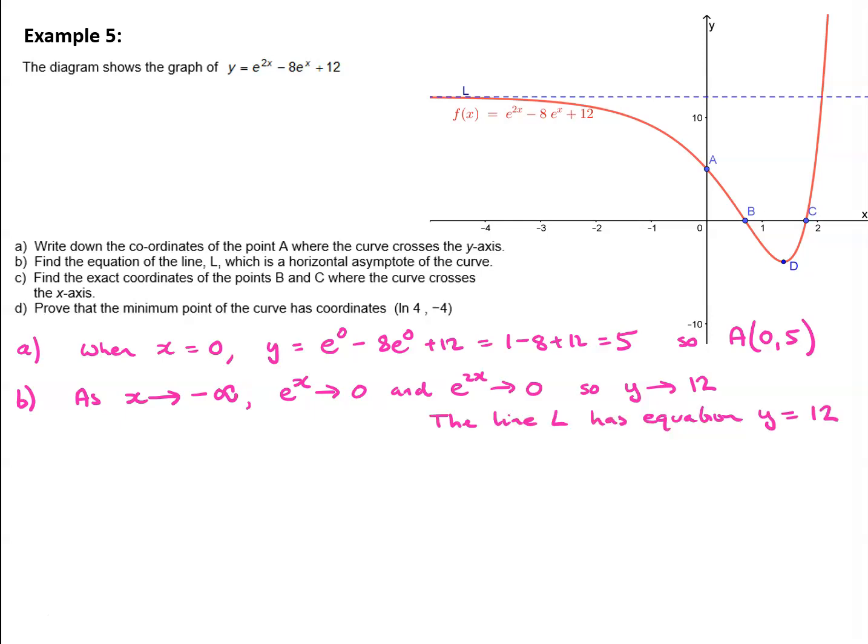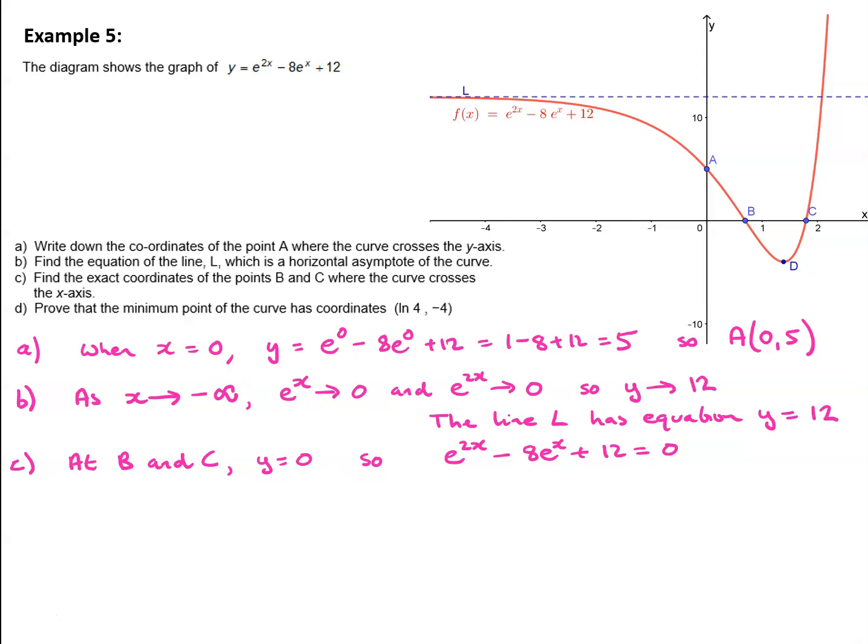We've now got to find the exact coordinates of the points B and C where the curve crosses the x-axis. Well, the curve crosses the x-axis where the y-coordinate is equal to 0. So we've got to solve the equation e to the 2x minus 8e to the x plus 12 equals 0.